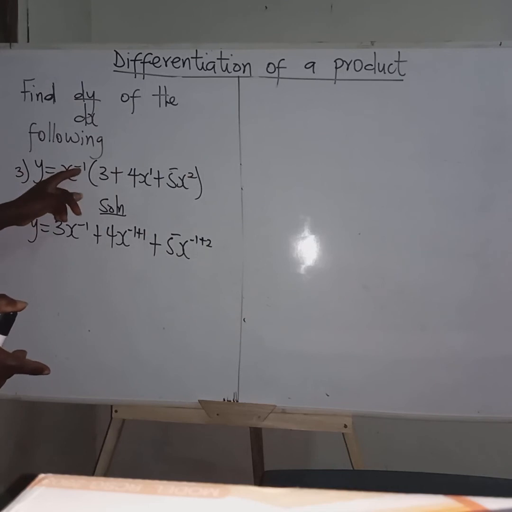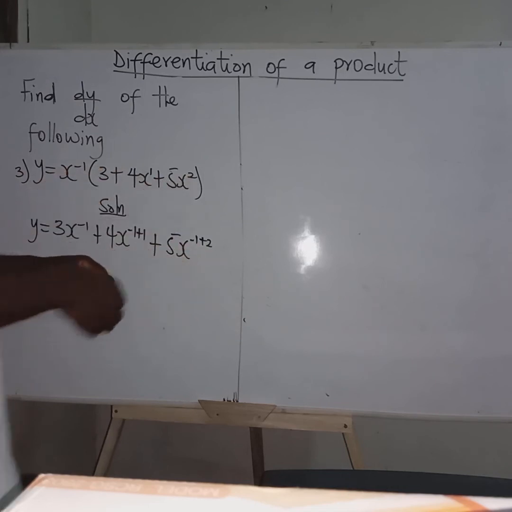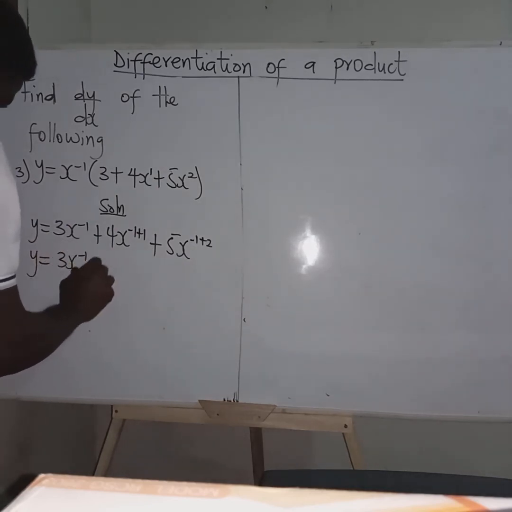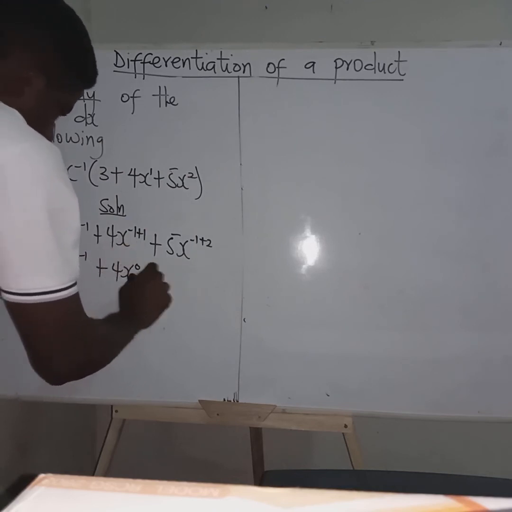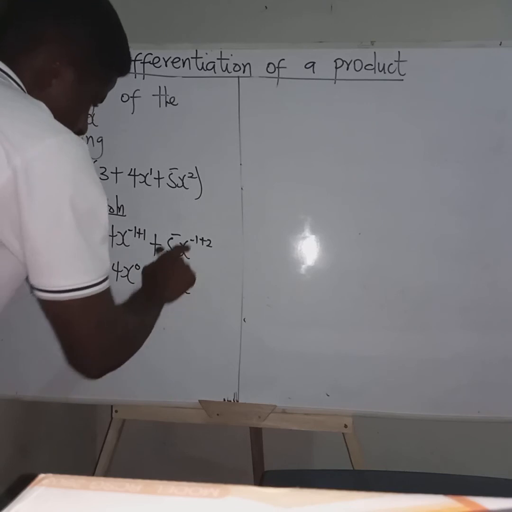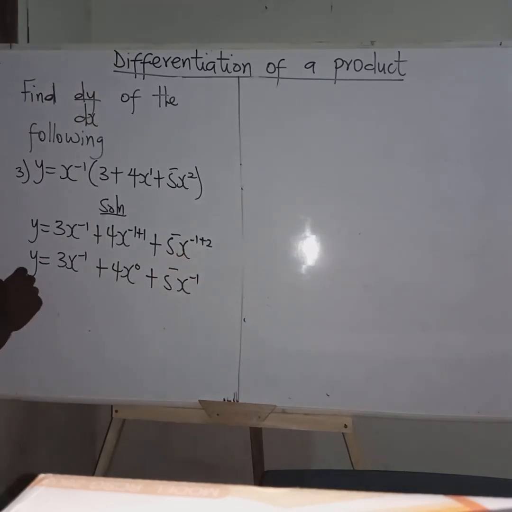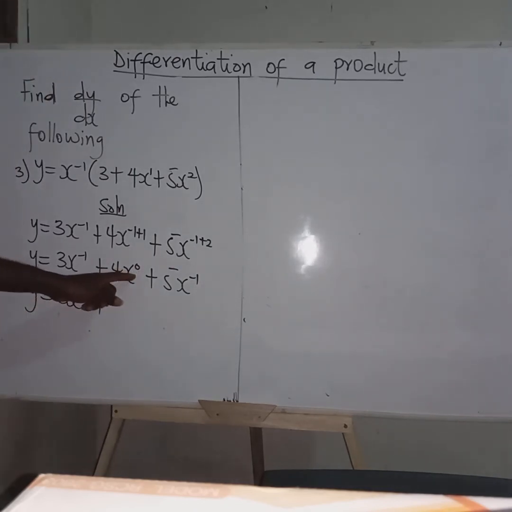So I'll add the power of minus 1 plus 2. Y is equal to 3x exponent minus 1 plus 4x exponent minus 1 plus 1, which is 0, plus 5x exponent minus 1 plus 2. So we have y is equal to 3x exponent minus 1 plus x exponent 0 is 1.